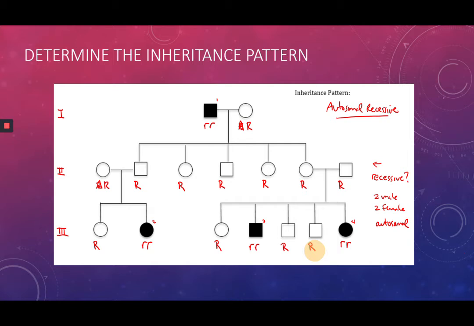Now, we do need to fill in the second allele. To do that, we look at a smaller family. Let's look at this family here that's off on the left. We have a recessive individual in generation 3, and then we have 2 normal parents in generation 2. But in order for those 2 normal parents to give the recessive, each parent must be heterozygous.